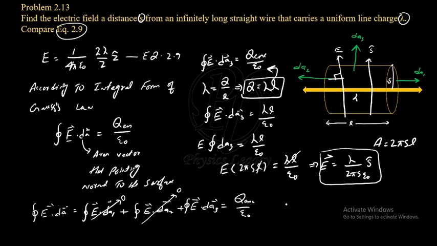So E is equal to 2 lambda over 4 pi S epsilon naught times the S unit vector. That is exactly equal to equation number 2.9, but there we have z unit vector and z, while in this equation we have S and S unit vector.